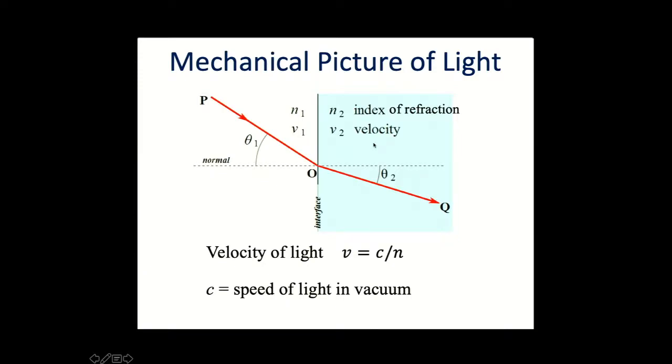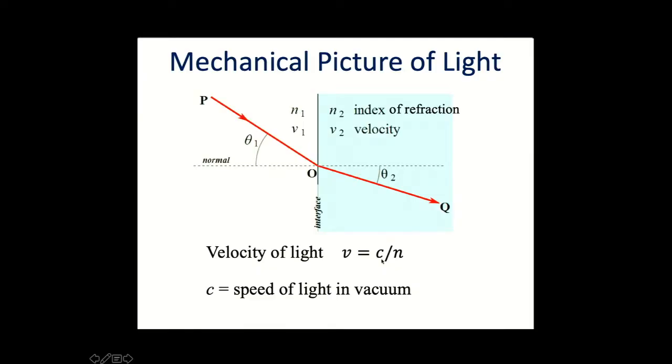And the important quantity that describes how light propagates in material is the index of refraction, which I denote here by N1 and N2, because the indices are different in these two media. And in fact, N2 is greater than N1 in this case. So the index of refraction actually describes the velocity of light in the material and is given by essentially an inverse relationship proportional to c, which is the speed of light in vacuum, which is a fundamental constant of nature.